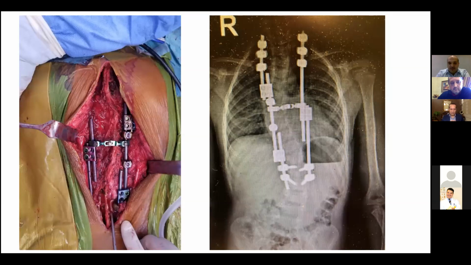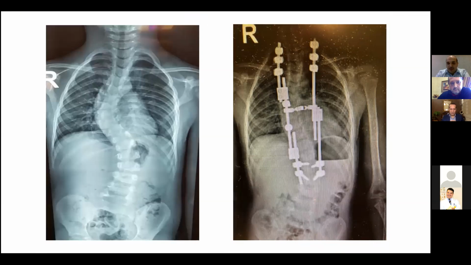So this is the pre and post-op. We started this technique in Jordan maybe 6 months ago. Until now, we have no problems. Dr. Ala has experience with that for maybe more than 4 years, and he has very good results. And I think we will let you know how it goes.